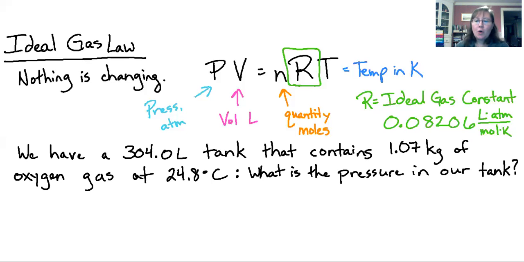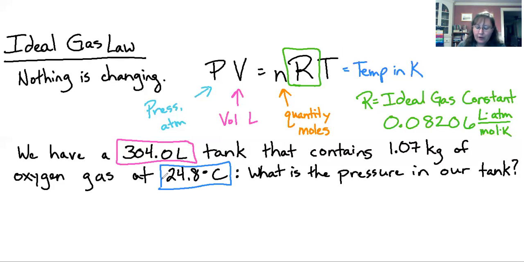Okay, so before we can do anything, we have to make sure that all of our variables are in the format that we need. So first of all, it said volume in liters. And okay, well that one's easy because it's in liters. Check. Okay, now the next thing is we had our temperature in kelvins. And I see here that I have temperature in Celsius.